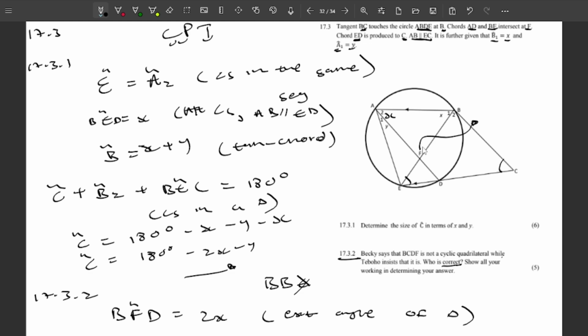So if we're looking for angle BFA, we're going to get the answer to be 180 degrees minus 2x. Now you can see that here it's equal to 180 degrees minus 2x minus y. And this one doesn't have minus y. Let me use a red marker. It doesn't have minus y. So it's not a cyclic quad. So that's also using the extension, right?